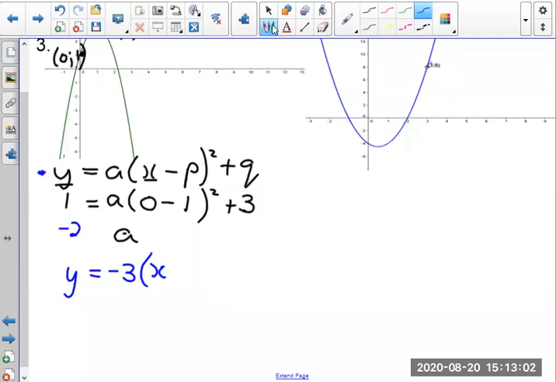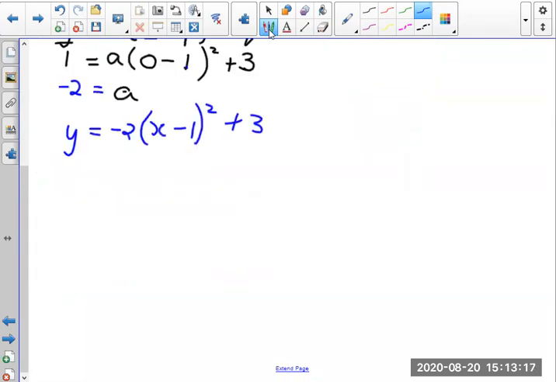Minus 2, and there is a minus 2. And then x, and there is a minus 1 again, plus 3, and now I expand again. So it's minus 2x squared minus 2x plus 1 plus 3.